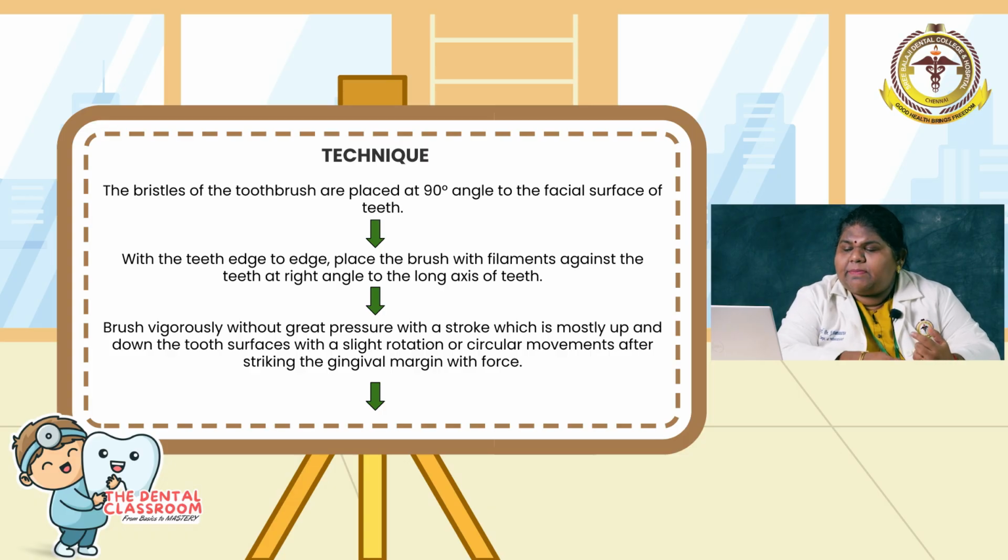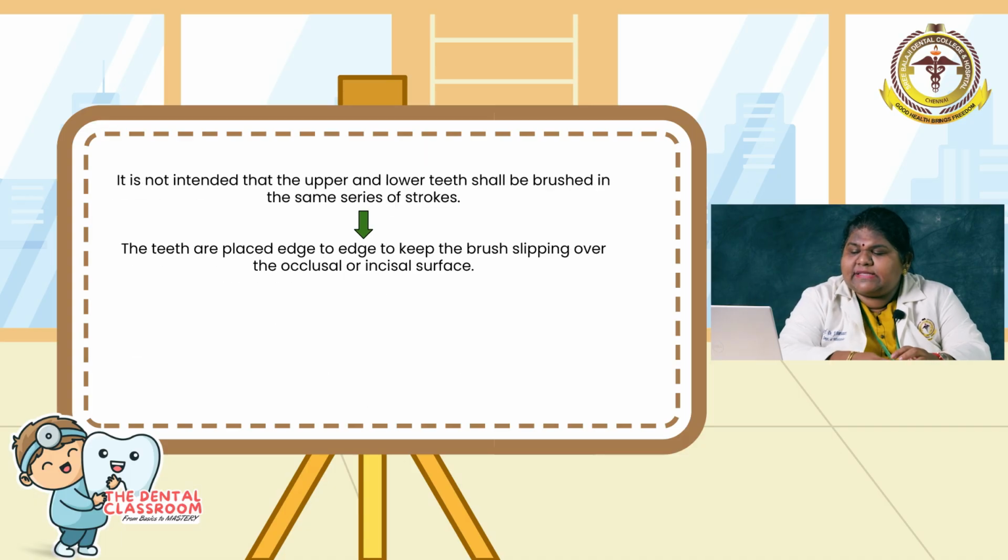Brush vigorously without great pressure with the stroke, which is mostly up and down the tooth surface, with slight rotation or circular movements, after striking the gingival margin with force. The upper and lower teeth are not intended to be brushed in the same series of strokes. So the teeth are placed edge to edge to keep the brush from slipping over the occlusal or incisal surface.